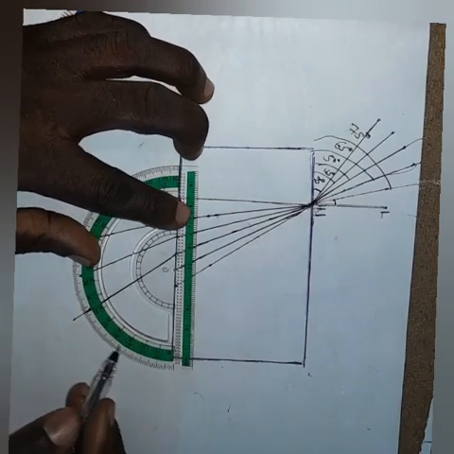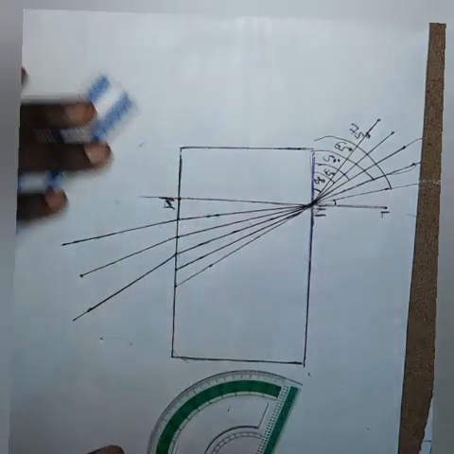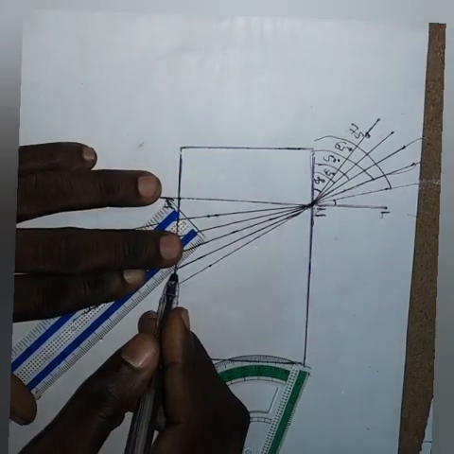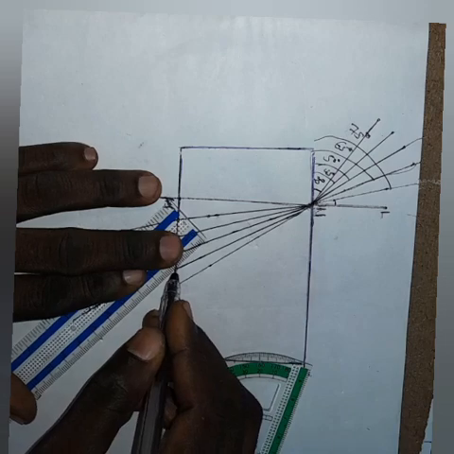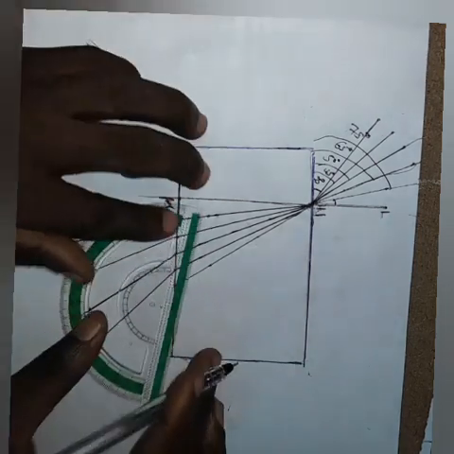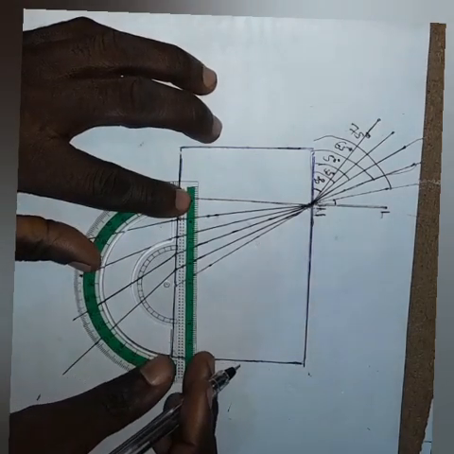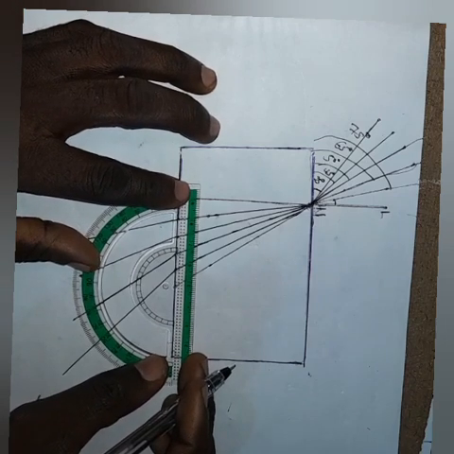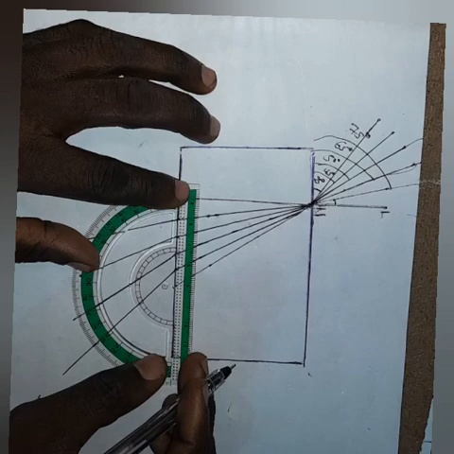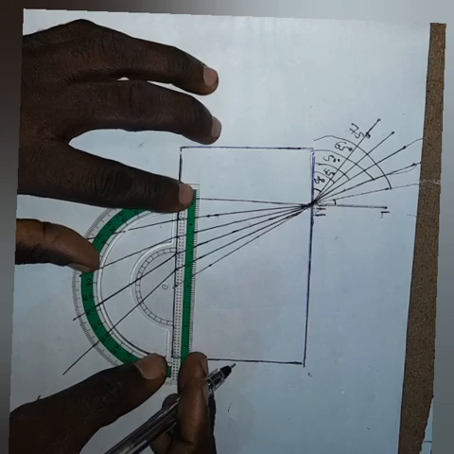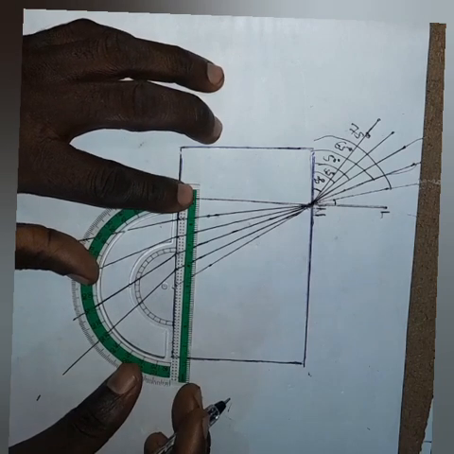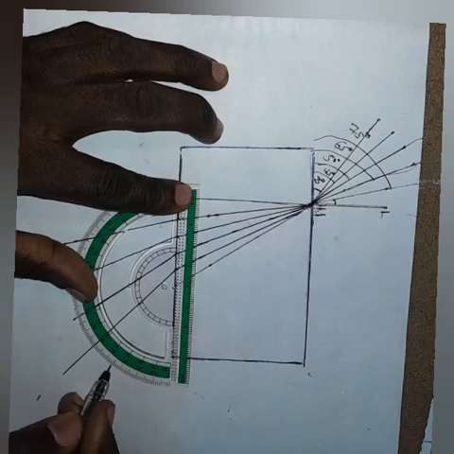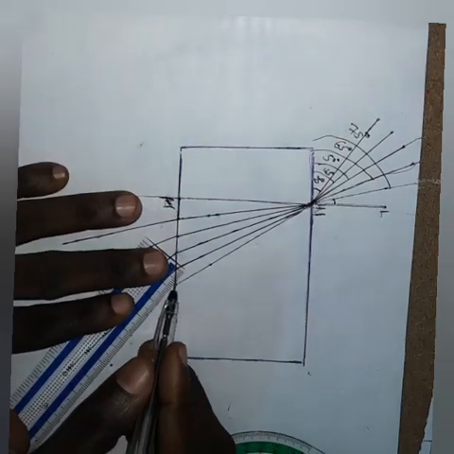So I'm going to get 45 here. And the last one is 35 degrees. Okay, so this is 30, 35 degrees.